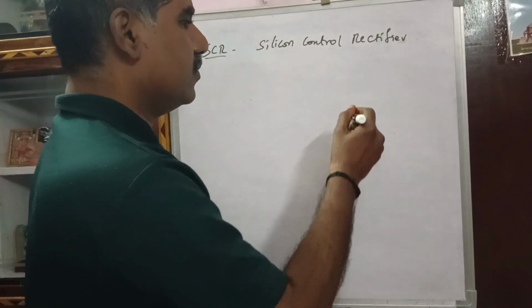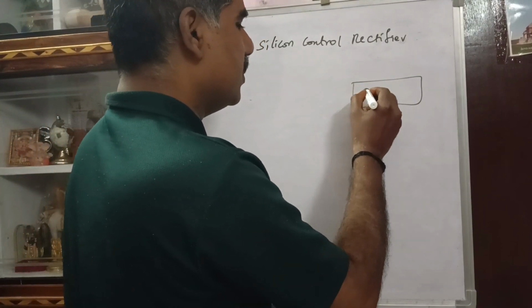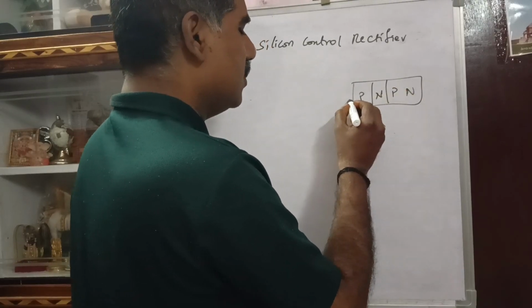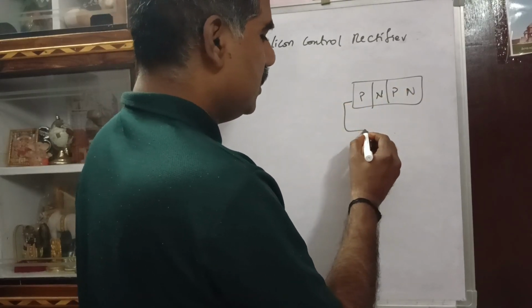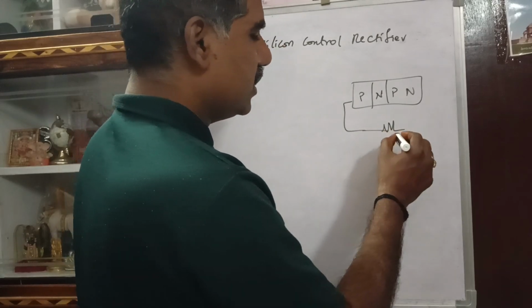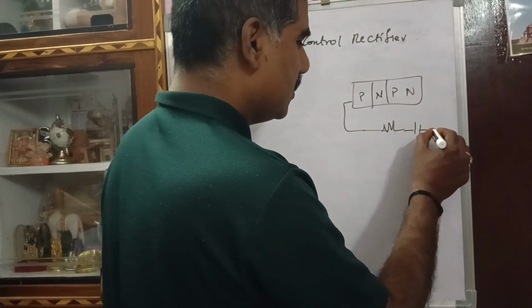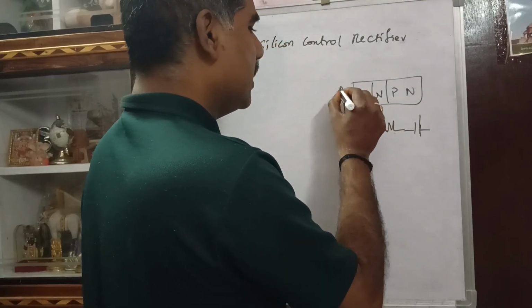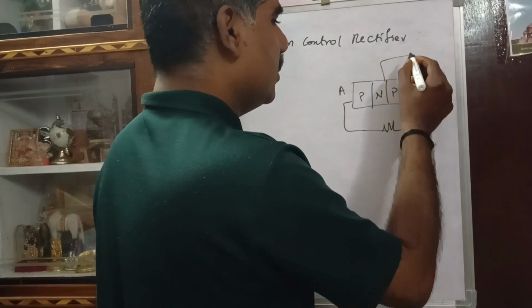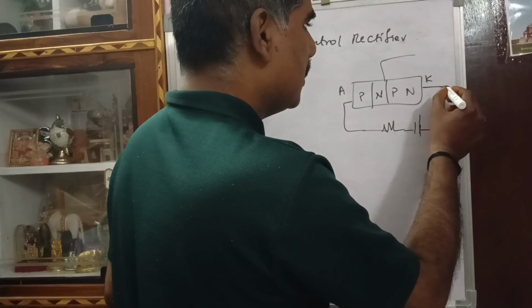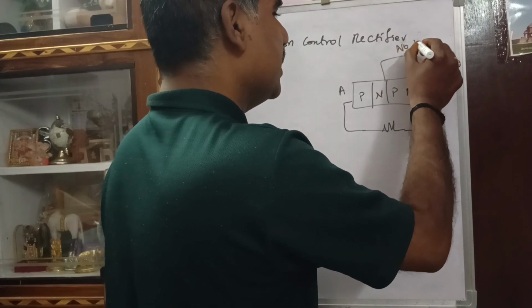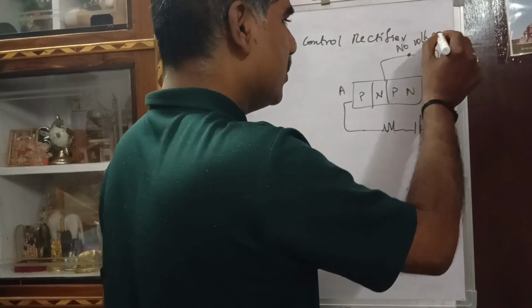You simply draw the circuit of the four layers PNPN. We connect a load resistor, with the anode, the cathode, and the gate. When a voltage is applied, it acts as forward conduction.